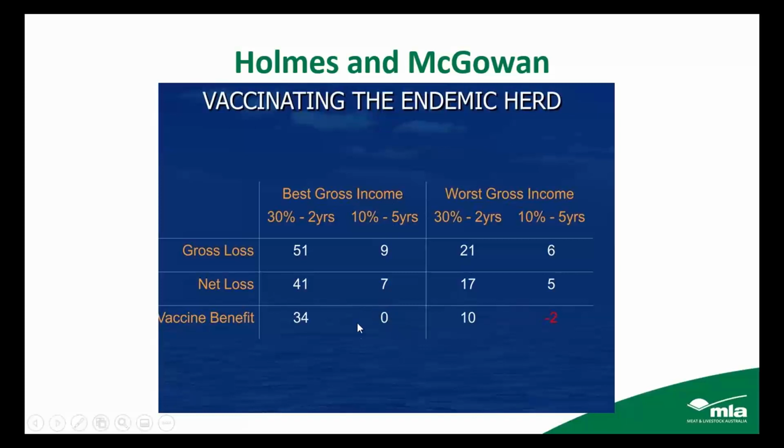So I tend to be concentrating on this figure here when I should have been concentrating on this figure here. But the thing to keep in mind is that our prices have at least doubled. The costs have increased as well, but they're certainly not doubled. So all of a sudden, this figure is probably 1.5, 1.75 times that. It's a no-brainer that we should be vaccinating against BVD.